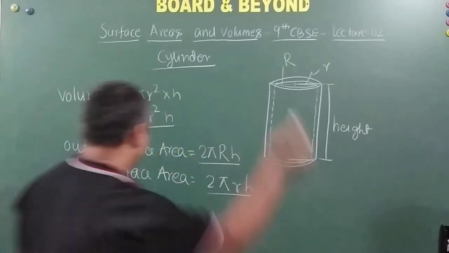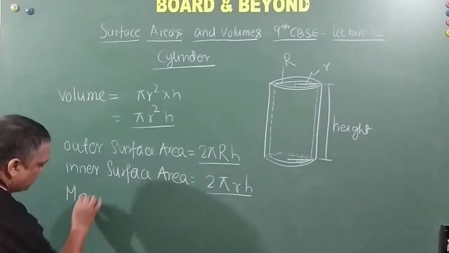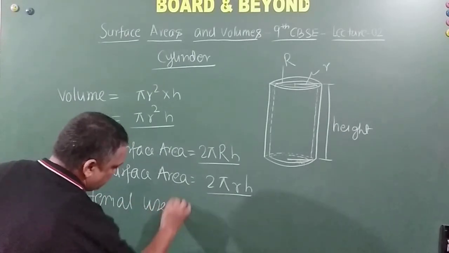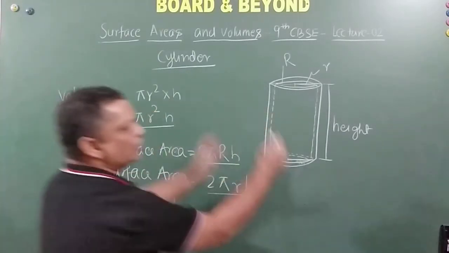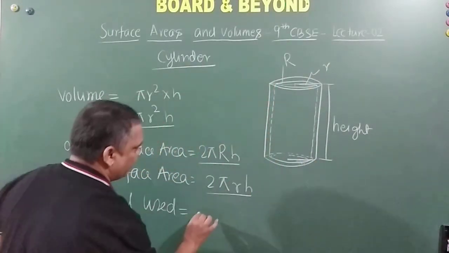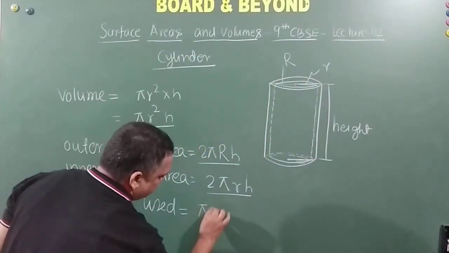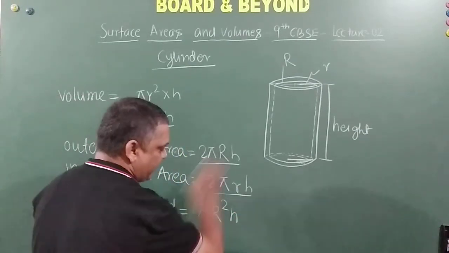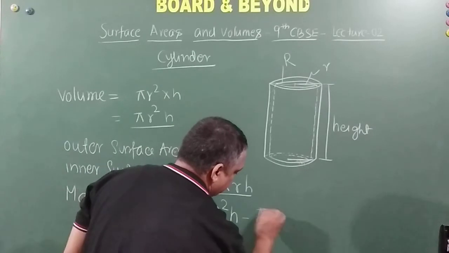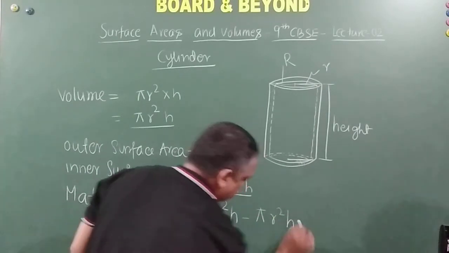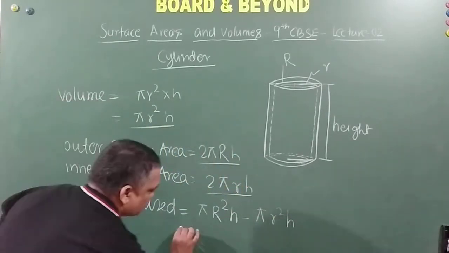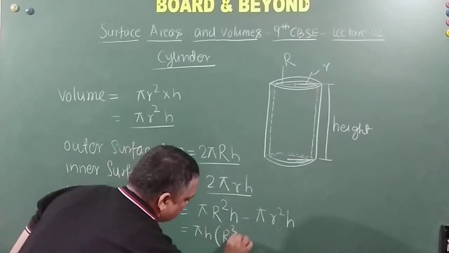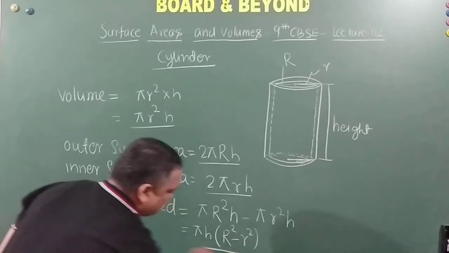So material used is equal to the volume of the bigger cylinder, pi R square h, area of base into height, minus pi r square h, the smaller cylinder. So we can write pi into h common, R square minus r square. You are getting my point?